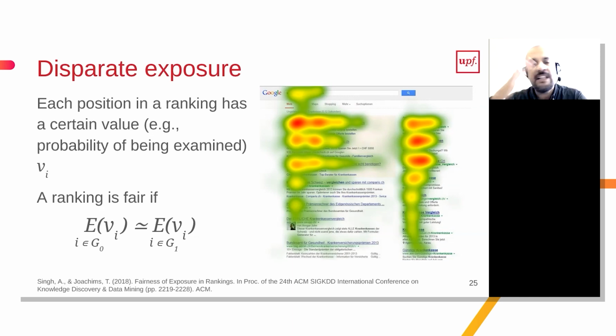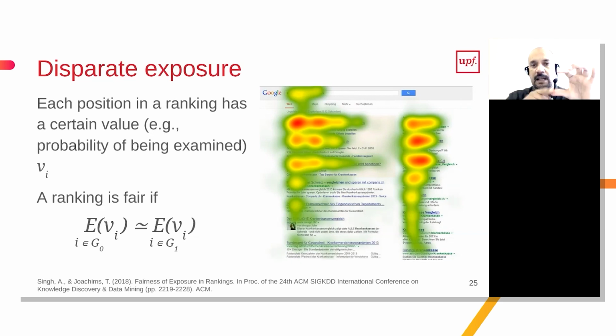So each position in a ranking has a certain value, which we will call the examination probability, which is how likely a person looking at this page is to look at that result. That number is different for every result. Particularly, it's quite high for results number 1, 2, and 3, and very low for the other results.